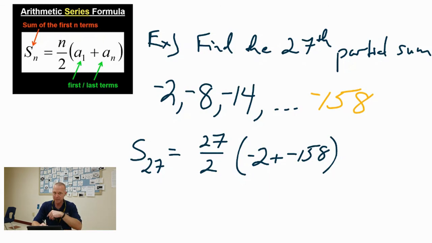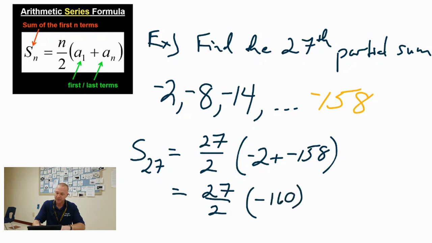It works with negative numbers, and it also works if there's an odd number of numbers. Because even though it's 27 divided by 2, which is a decimal, it's still really going to be, in this case, -160 times 27, and then you're just going to cut that answer in half.